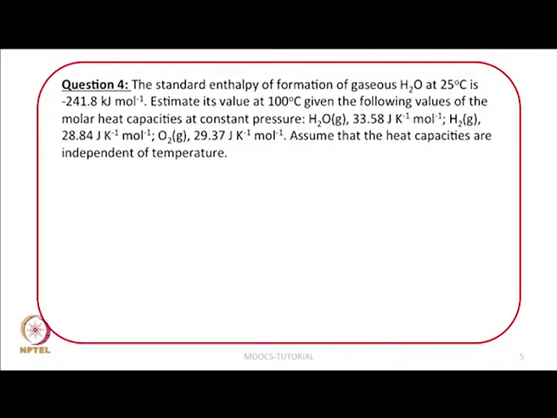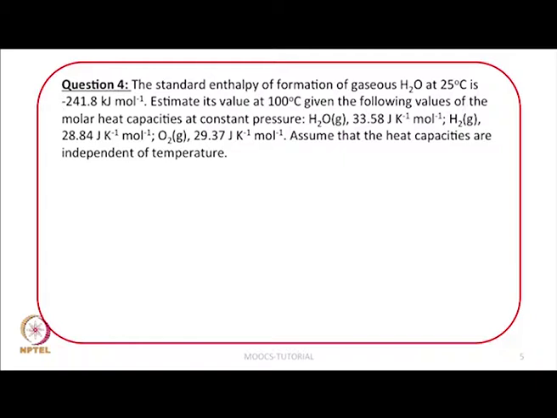Given the following values of the molar heat capacities at constant pressure, water vapor is 33.58 joules per Kelvin per mole, hydrogen gas is 28.84 joules per Kelvin per mole, oxygen gas is 29.37 joules per Kelvin per mole, and assume that these heat capacities are independent of temperature.